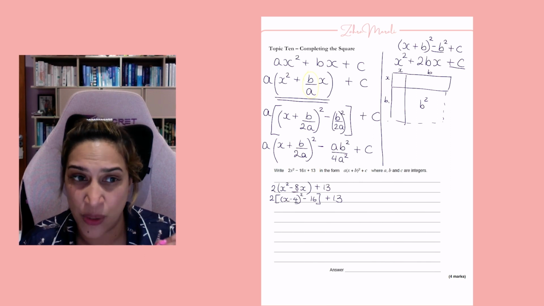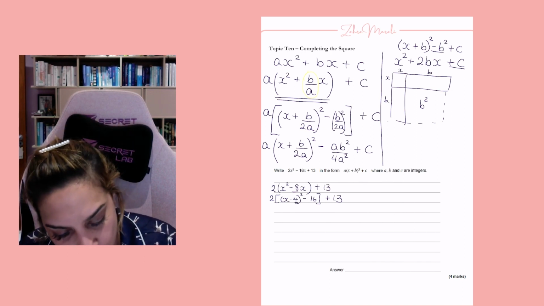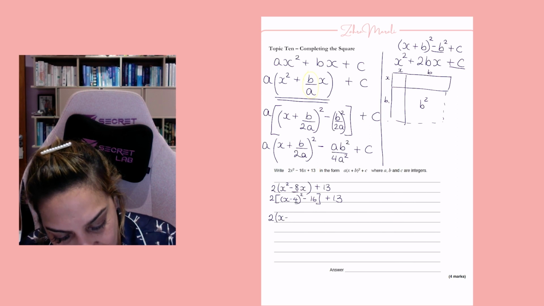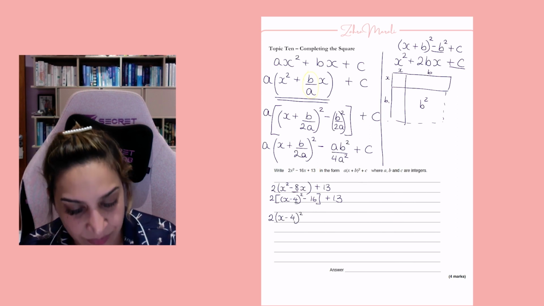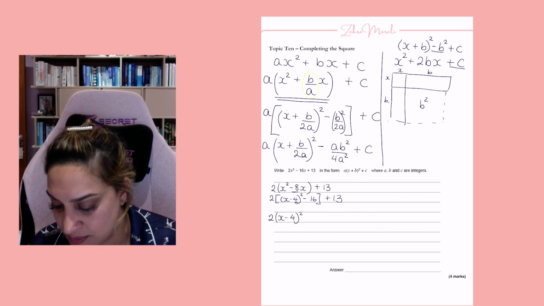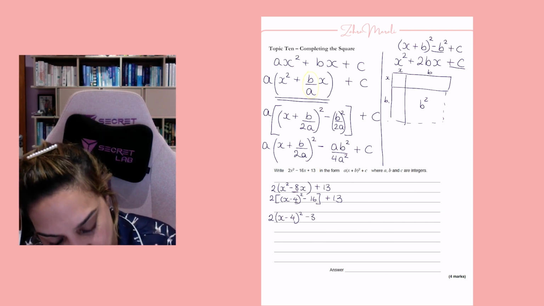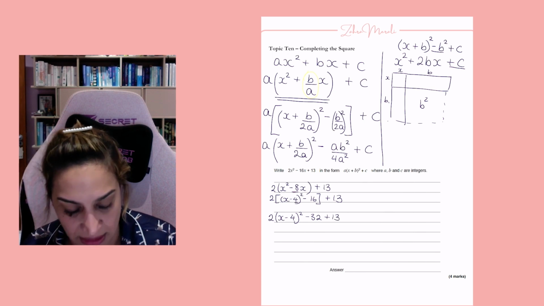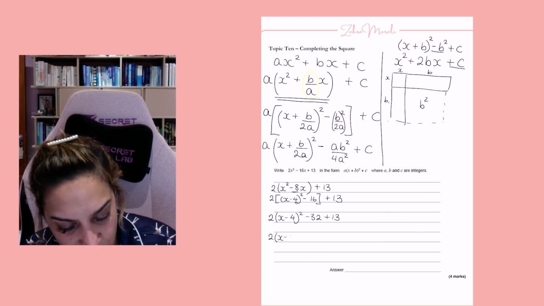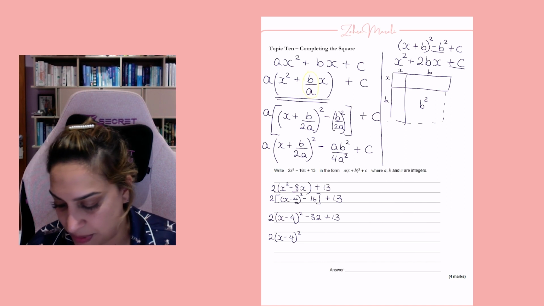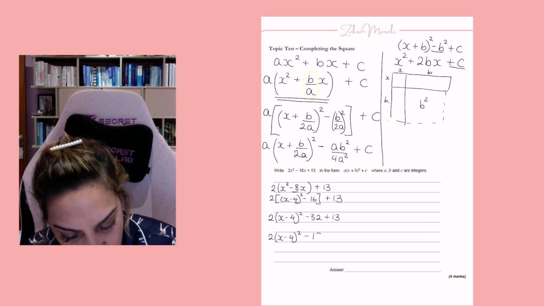So now when I open that, I've got 2 lots of x minus 4 squared, and then I've got 2 times minus 16, which gives me minus 32, and I can't forget my 13. And so that gives me 2 lots of x minus 4 squared, plus 13 minus 32, which gives you minus 19.